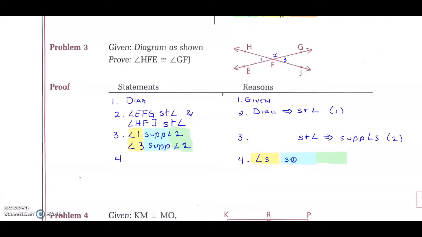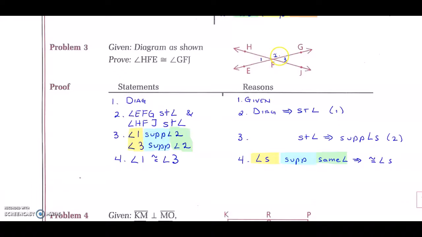Angles that are supplementary to the same angle imply congruent angles. So here I can say angle 1 is congruent to angle 3. I believe this is the first time that you're seeing a slight change in the proof statement from our final step in the proof.